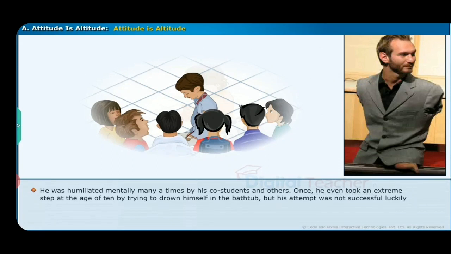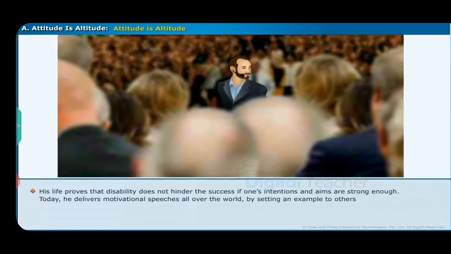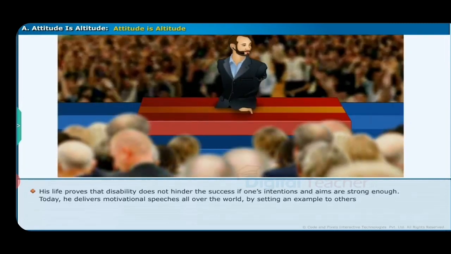Once he even took an extreme step at the age of 10 by trying to drown himself in the bathtub, but his attempt was not successful luckily. His life proves that disability does not hinder the success if one's intentions and aims are strong enough. Today, he delivers motivational speeches all over the world by setting an example to others.